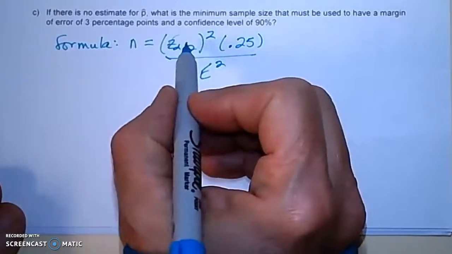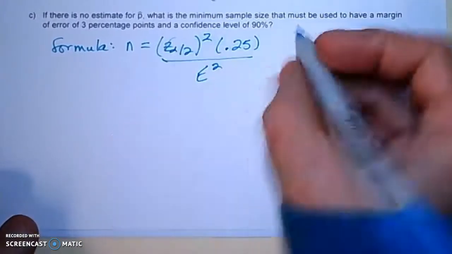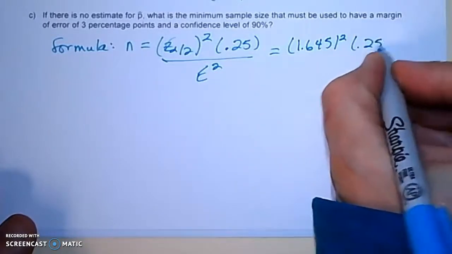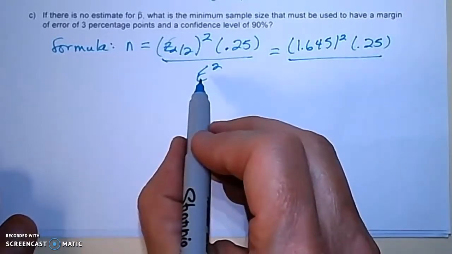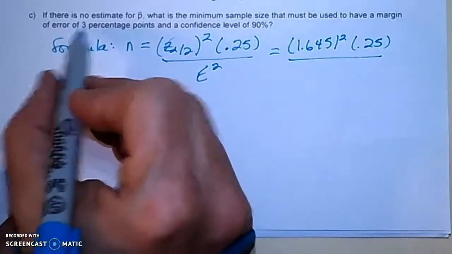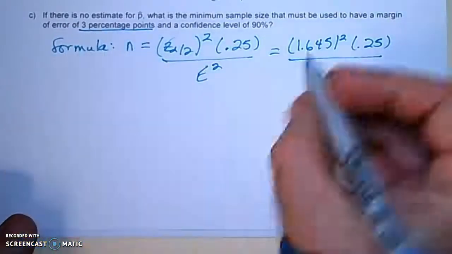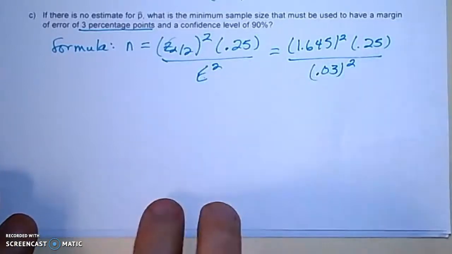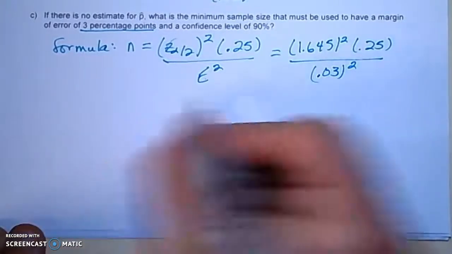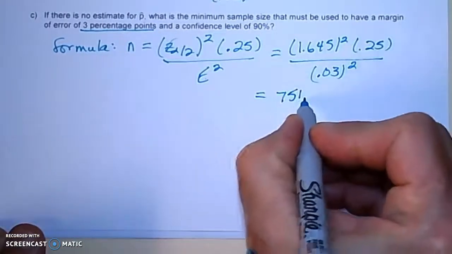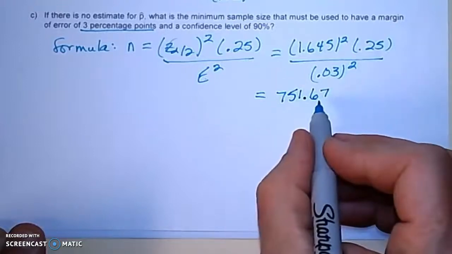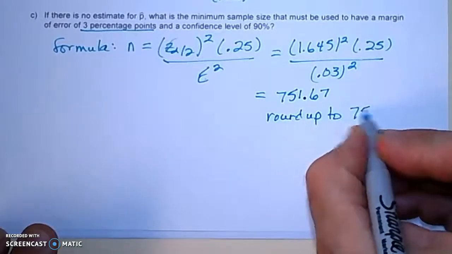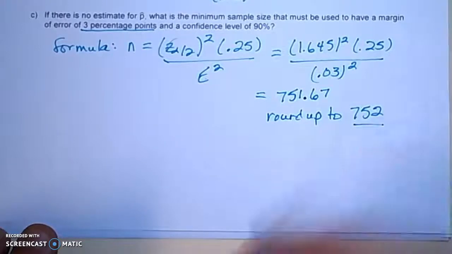This one comes from the fact that our confidence level is 90%, so that value is 1.645. And the E we get from the fact that we wanted a margin of error of 3 percentage points. That makes this 0.03. We always have to change that to a decimal. Putting this in my calculator, I get 751.67. Again, I have to round that up to 752. That's my minimum sample size.